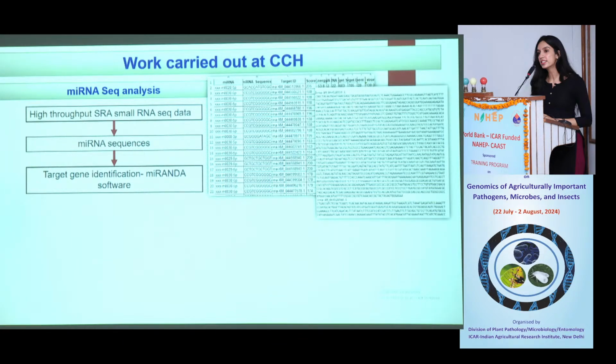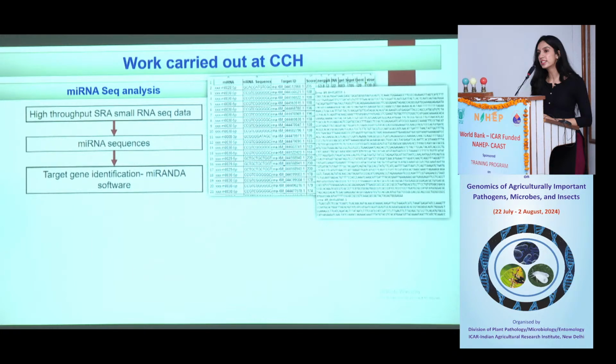After the identification of microRNAs and getting their sequences, the next step is to get the targets of these microRNAs. For the identification of the targets, we input the microRNA sequences into software. There are many, for example, I used the Miranda software.